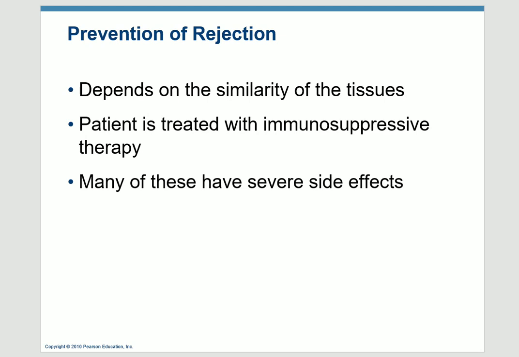But the pitfall is that your immunity is going to be reduced with immunosuppressive therapy, right? You don't want to reject your new donor organ, but by taking immunosuppressive therapy, you're going to become more susceptible to getting sick than the average person. So it puts you into this immunocompromised state.